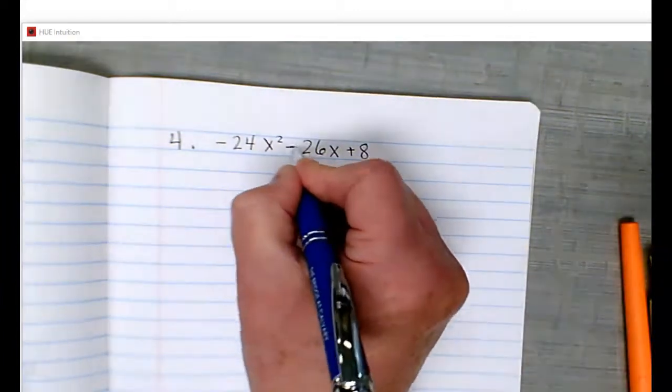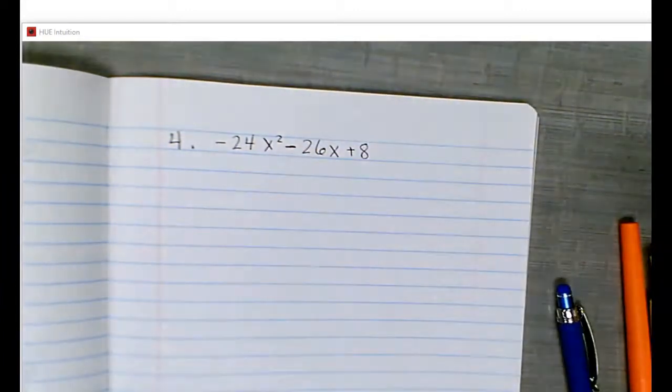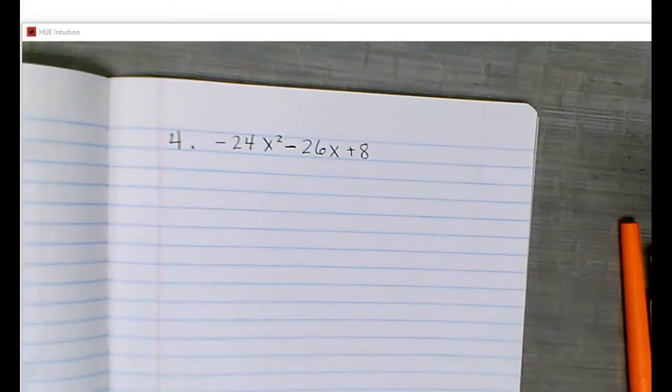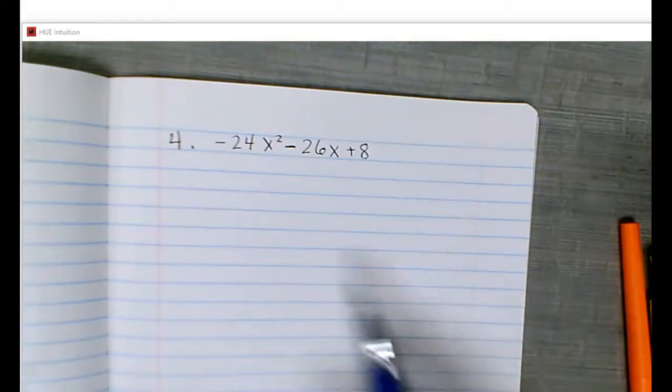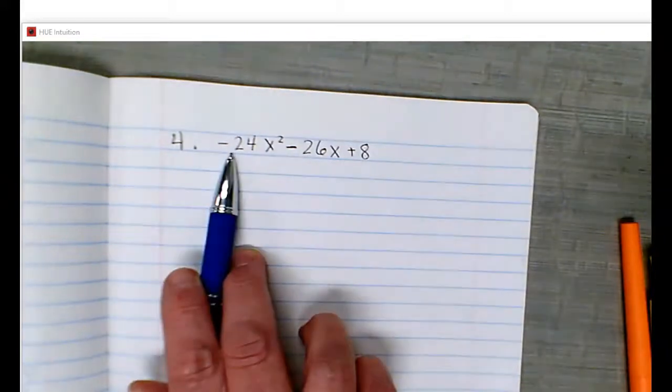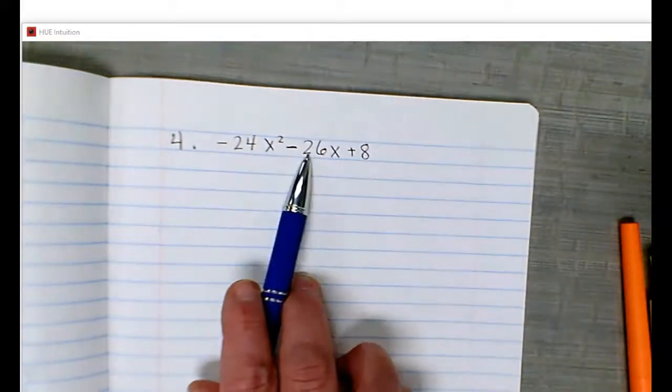Before you multiply anything together, before you start trying to find factors, the first thing you do is GCF. What is the GCF? 24, 26, 8. Well, 4 will divide 8 and 24. Will 4 divide 26?